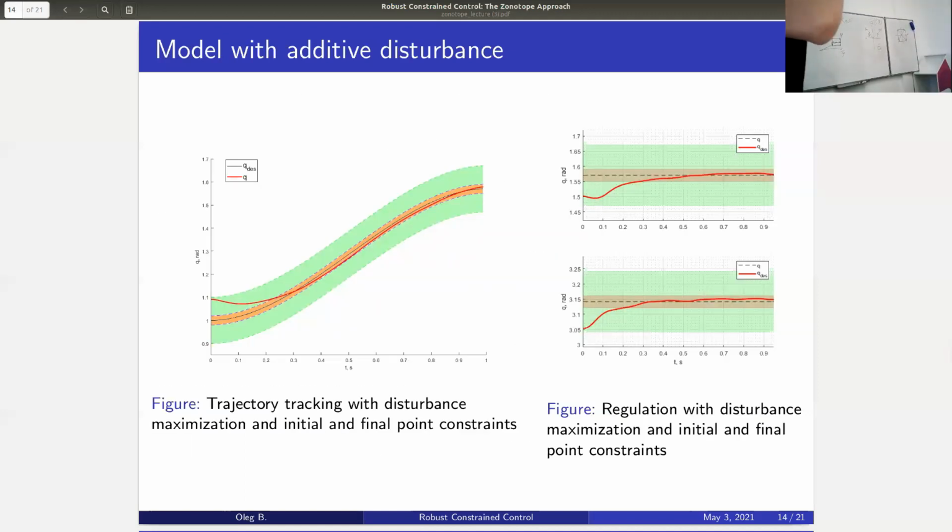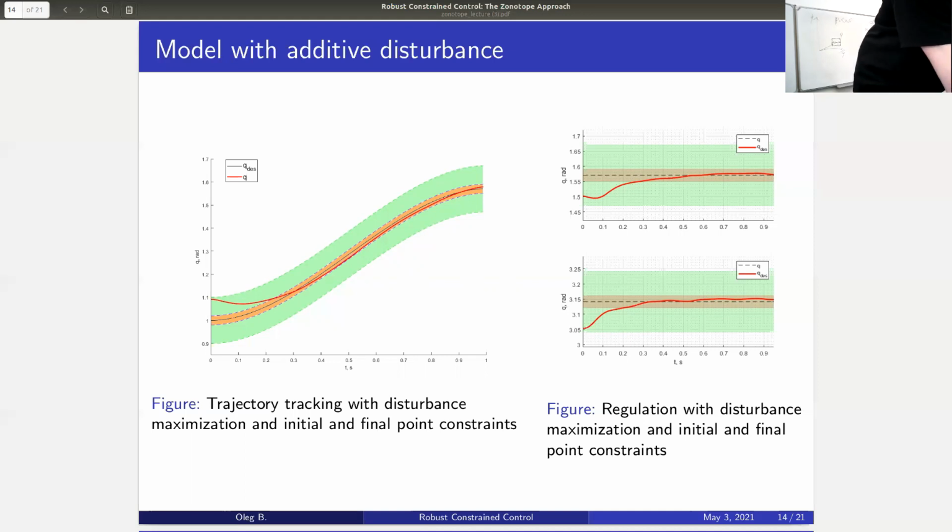And it's an example. First, I tried it on a pendulum. The green area describes the initial range and the red area the final one. It's a task of maximizing disturbance, and you can see that in each situation the system converges to the final area.